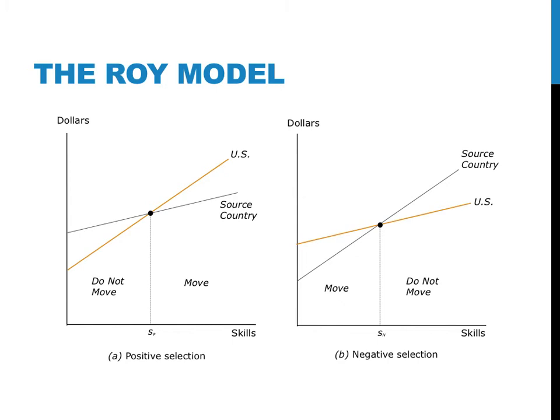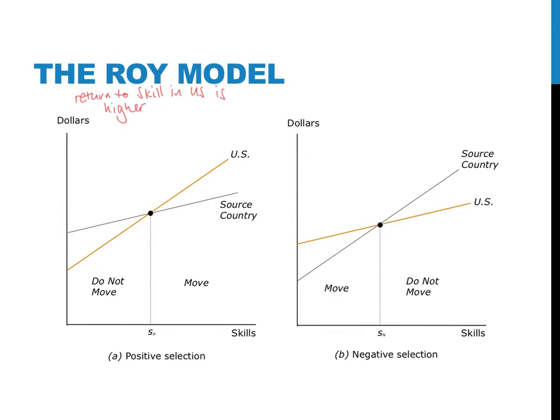In the panel to the left, the U.S. has higher returns to skill than this other source country. And so if you are from this source country thinking about immigrating to the U.S., you know your skill level, and you can compare how well off you are going to be if you migrate versus if you don't migrate.